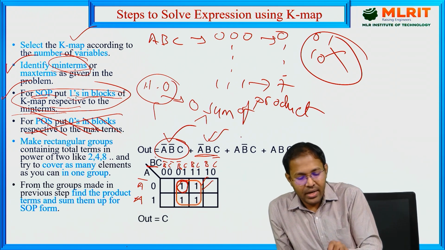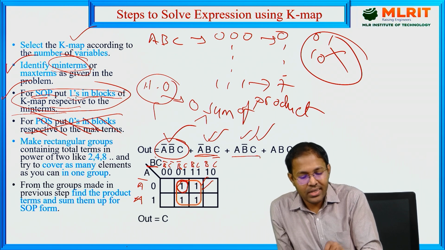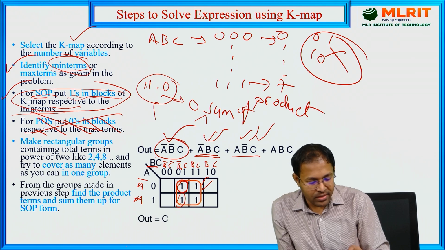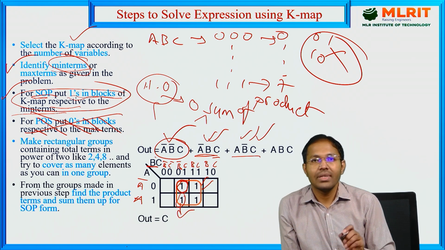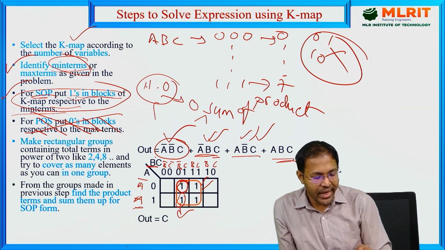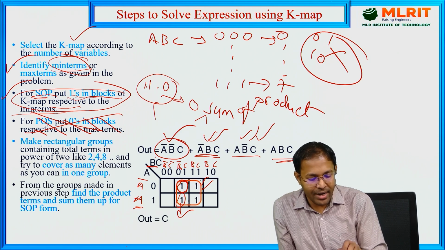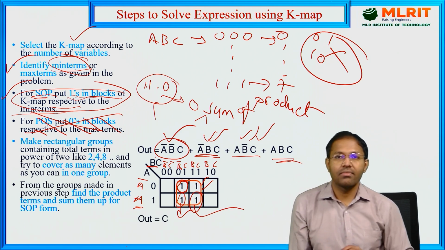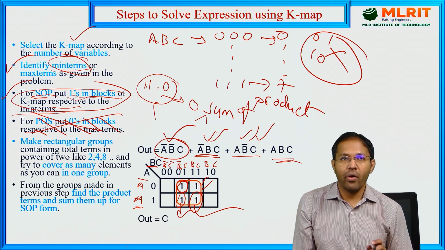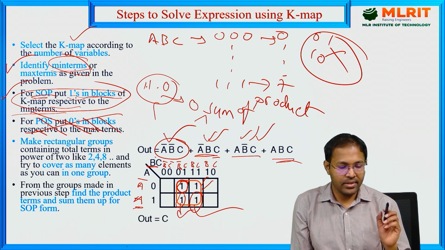Next, let us check this A, B bar, C. So A is here, B bar, C is here, this one. Next, let us check this A, B, C. So A means we need to follow this row, and BC, yeah, this one.